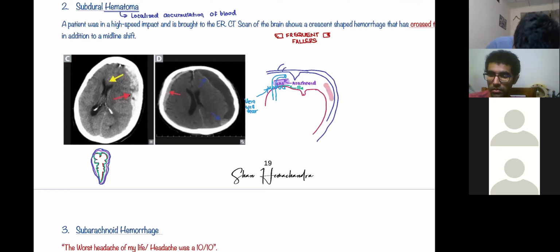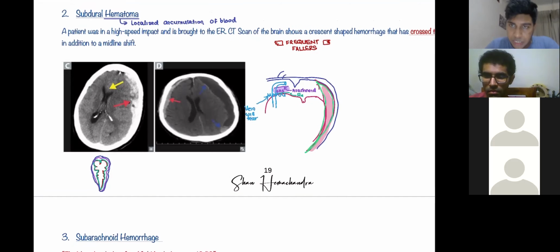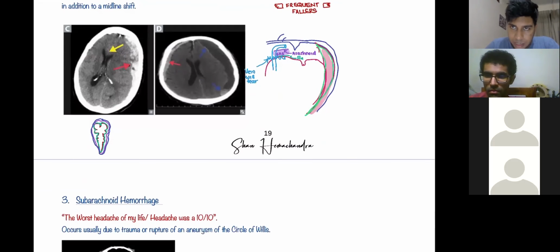So it looks like a half moon. I drew it in the same color, but basically it looks like a half moon structure because it's bleeding into that space, the space between the dura and the arachnoid matter.